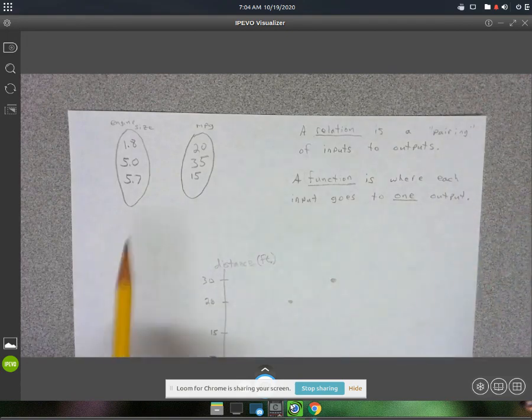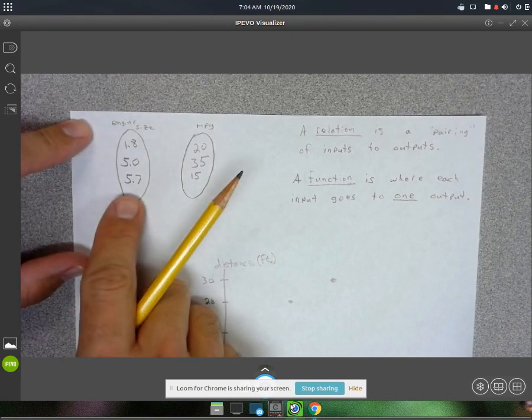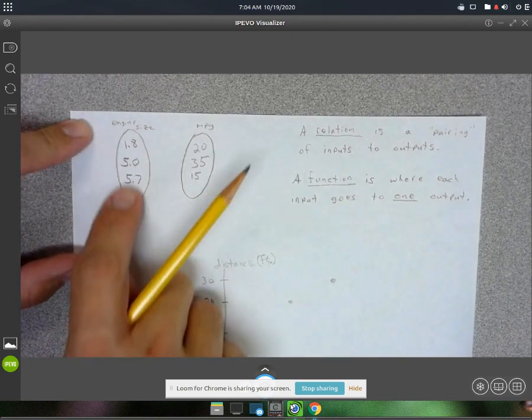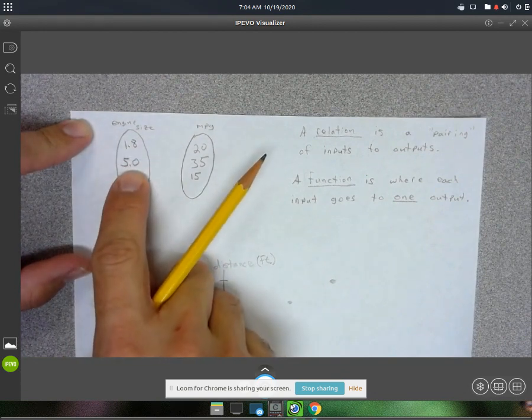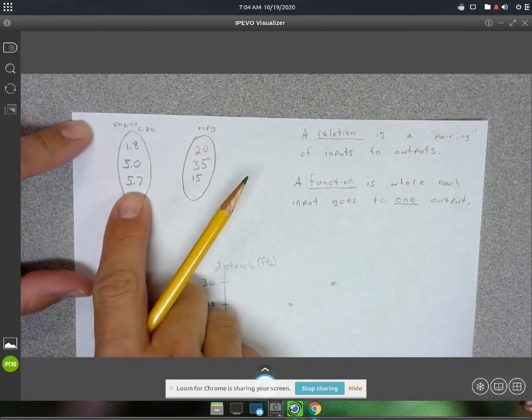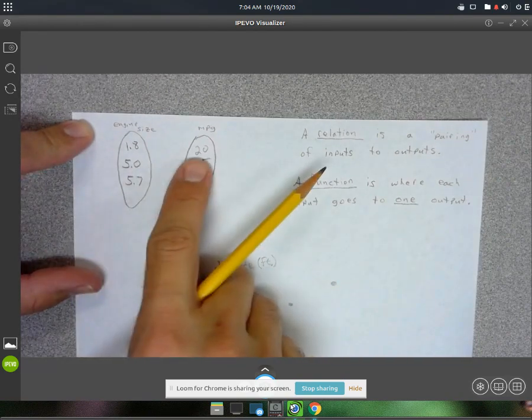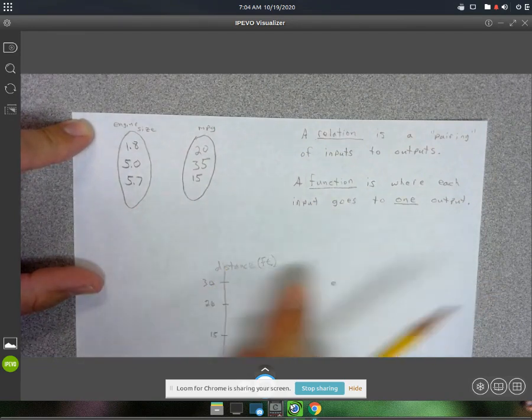This right here is going to be a mapping. I've got a random sample of engine sizes: a little Toyota 1.8, the Ford 5.0 liter, and the Chevy small block, the 5.7. We're going to pair these up to that vehicle's miles per gallon.